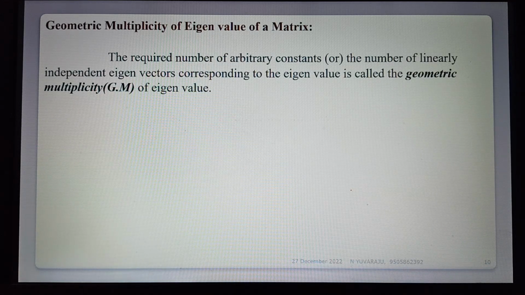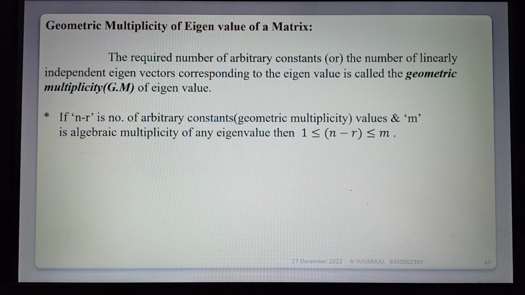And we already found out, solving the system of equations, the required number of arbitrary values is n minus r. N is the number of unknowns, r is the rank. That is called the geometric multiplicity. We are finding n minus r as the geometric multiplicity of the eigenvalue.